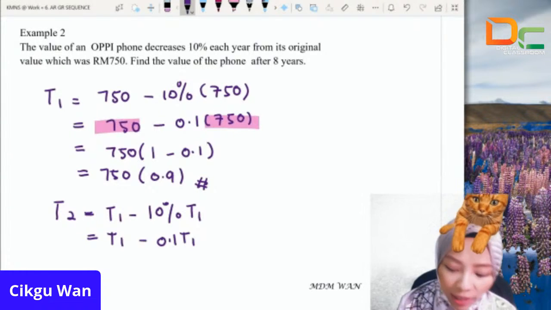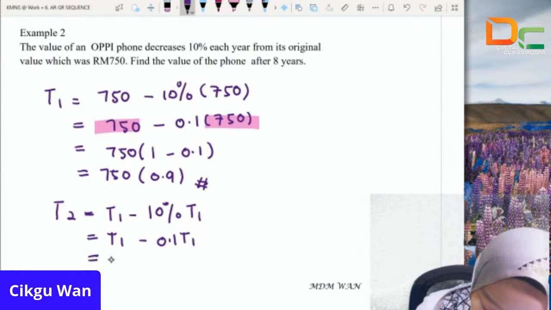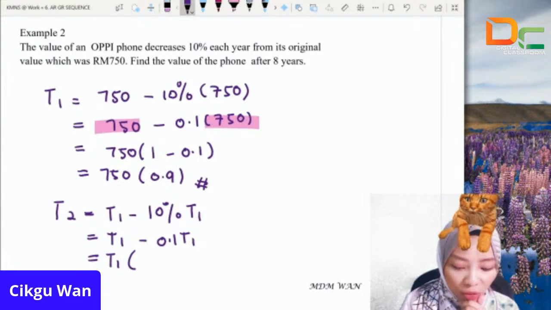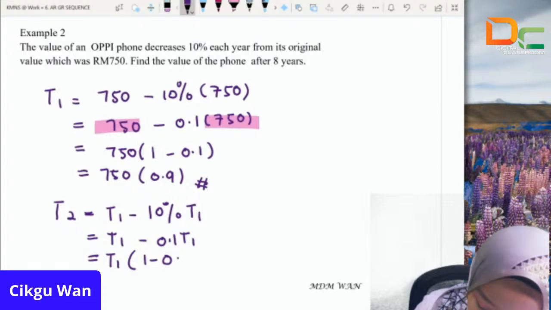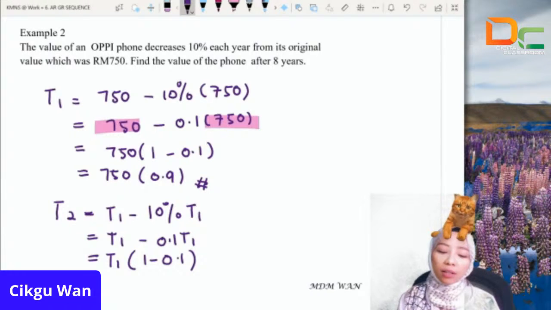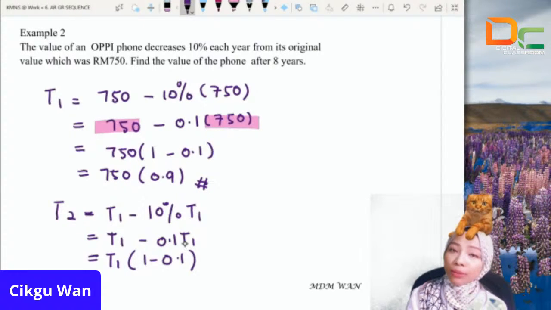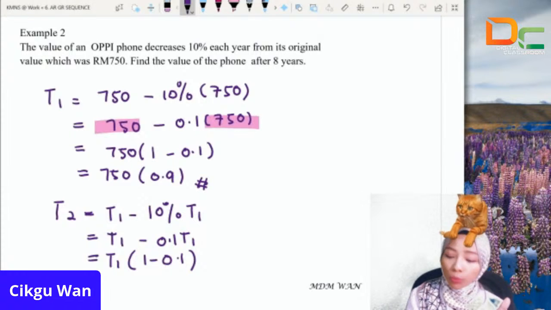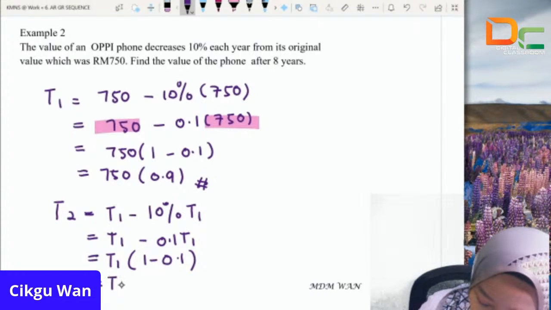Okay. So T1 we factor out, we get 1 minus 0.1. Nampak tak I factor out ni sebenarnya? Ini apple. So apple I bawa keluar, tinggal satu apple, tolak dengan 0.1. So I will get T1 times 0.9.